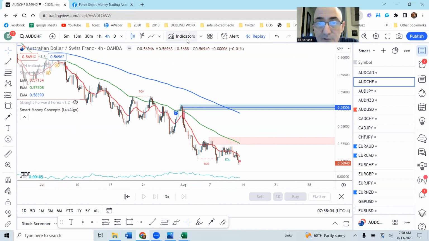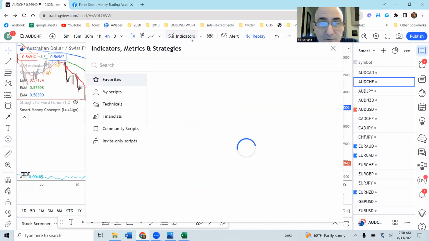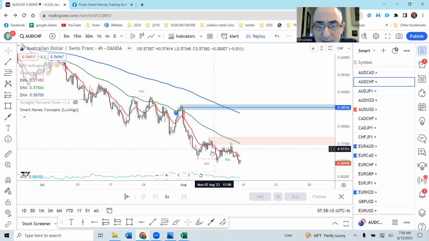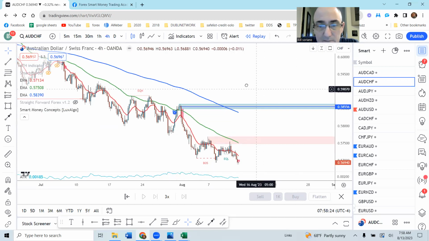It's free in TradingView. Just go to indicators here and search for it, and it'll come up for you. And it is giving us an order block right here, but this one's already been mitigated, as you can see here from this wick. So we're waiting for price to move up higher here before making a move back down.